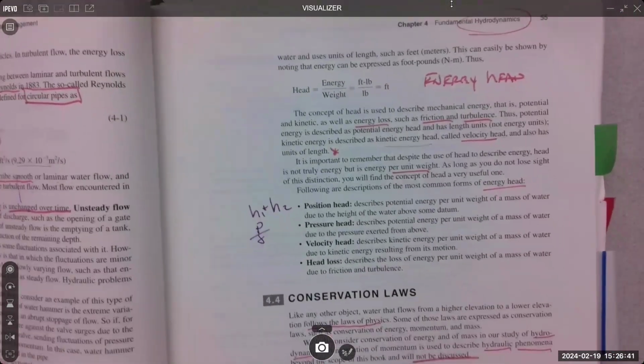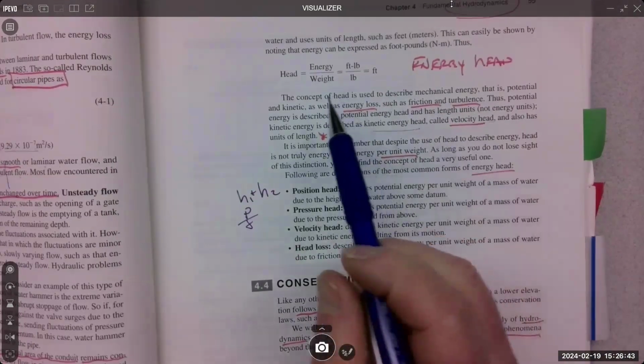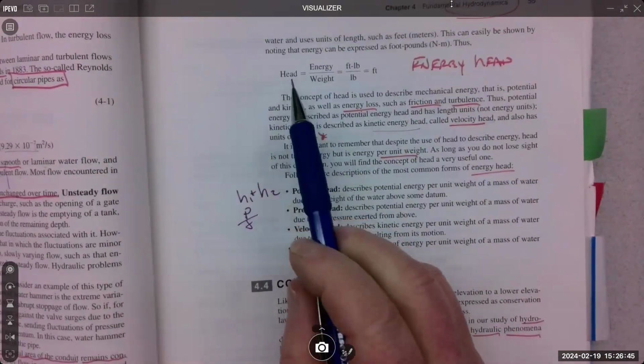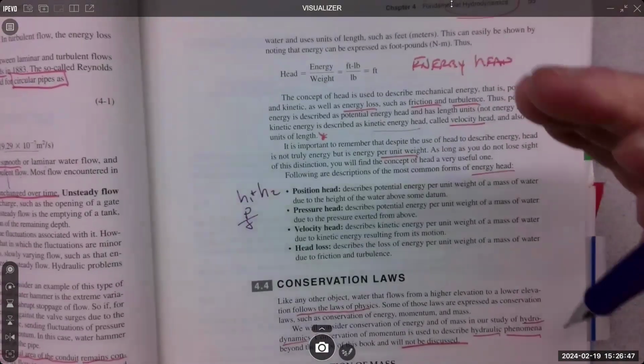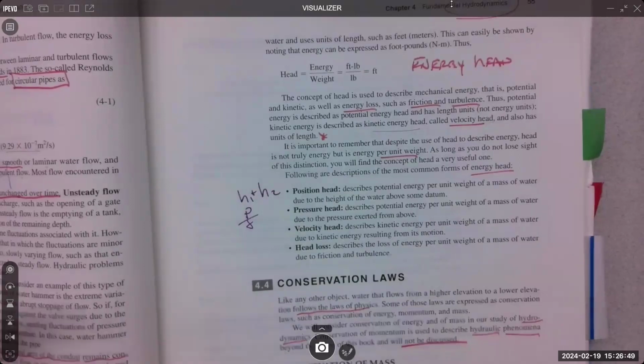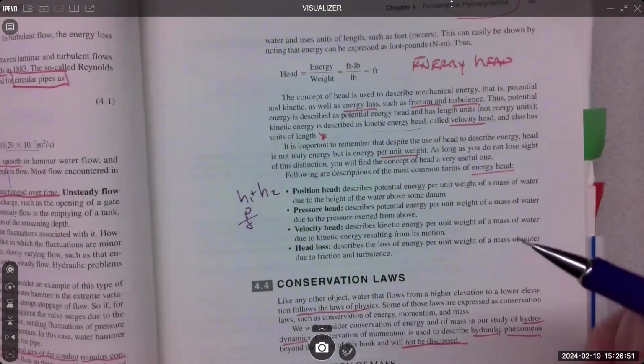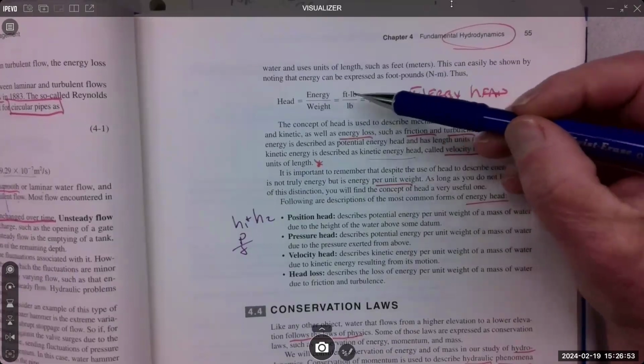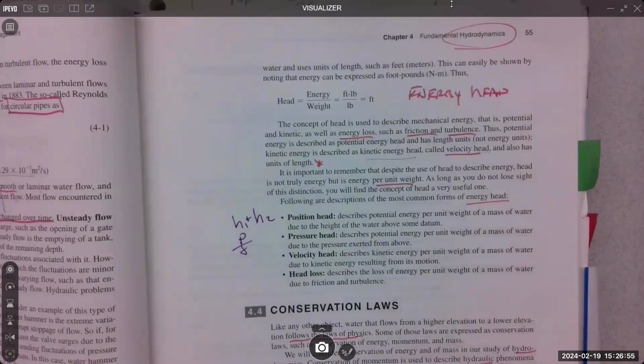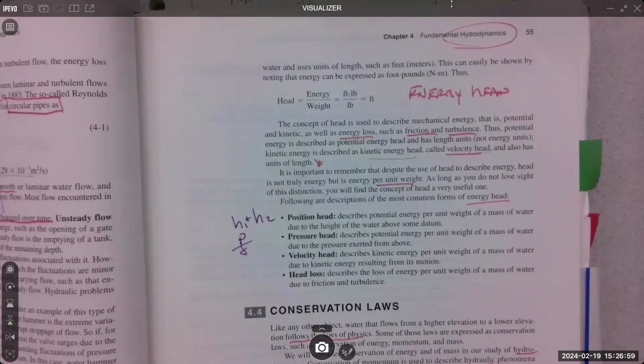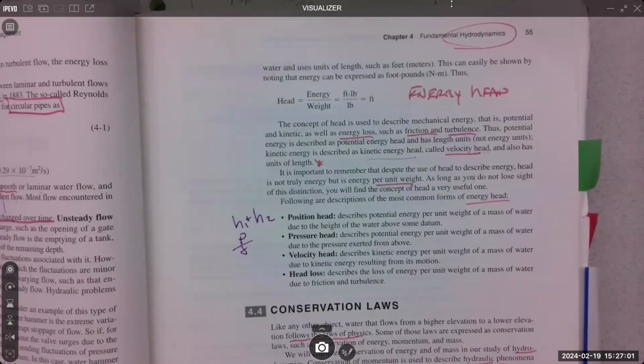It's very specific to fluid mechanics, but head is referred to as a height, and that there's some kind of energy up high, right?